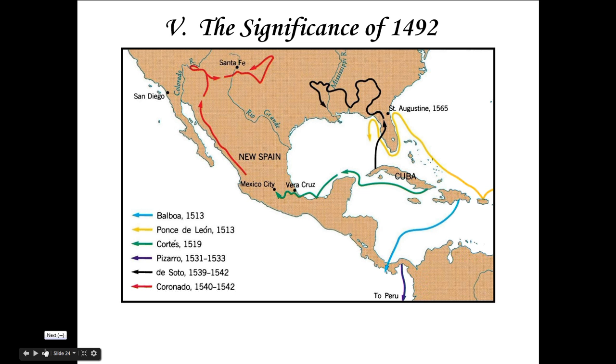So we start off in the Caribbean, and then gradually the Spanish are going to colonize Central and South America and plant the first colonies in North America, St. Augustine being the oldest European settlement. And these islands are the bases that the Spanish use for the invasion of South and Central America.